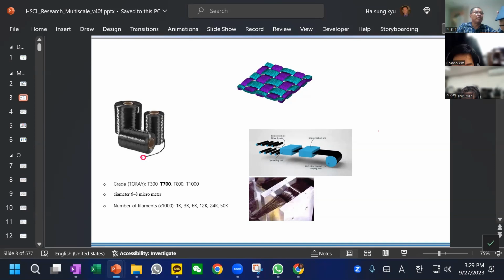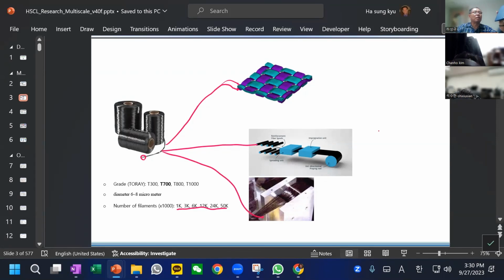It can have many different numbers of filaments, and this one we directly take into weaving. This will be this guy, and now this can go directly like that, and then you can make the spread, or spread something like that.